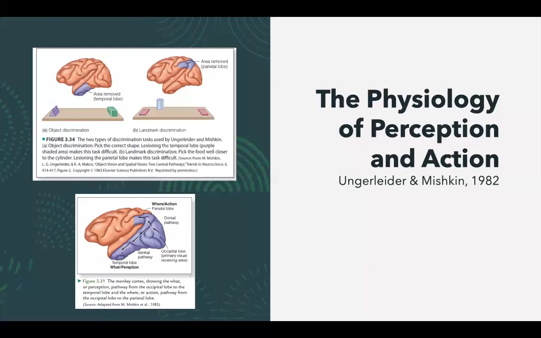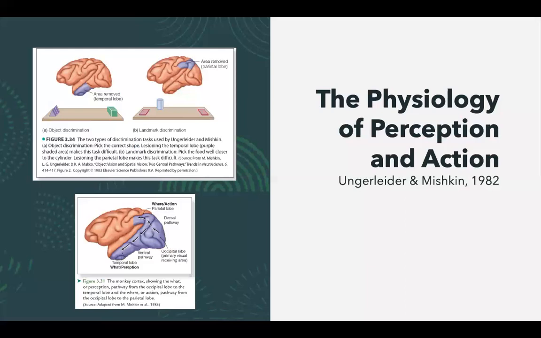And behavioral testing showed that the object discrimination problem became very difficult for the monkeys when their temporal lobes were removed. This result indicates that the neural pathway that reaches the temporal lobes is responsible for determining an object's identity.